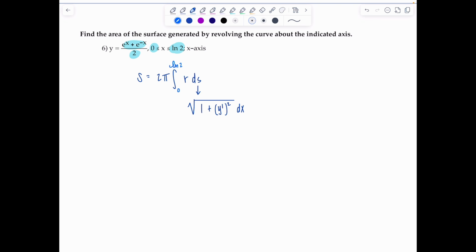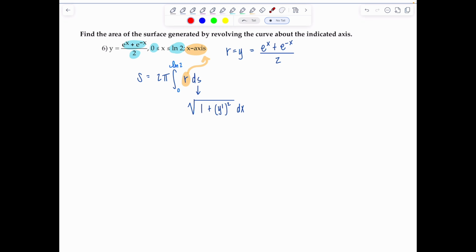Now we have to figure out the radius, and the radius is dependent upon which axis you're revolving about. So if you're spinning around the x-axis, then the radius is y, which in this case is e to the x plus e to the negative x over 2. If I was integrating with respect to y, I would have just left the radius as y, but since I'm integrating with respect to x, I have to replace y with how it's defined in terms of x.